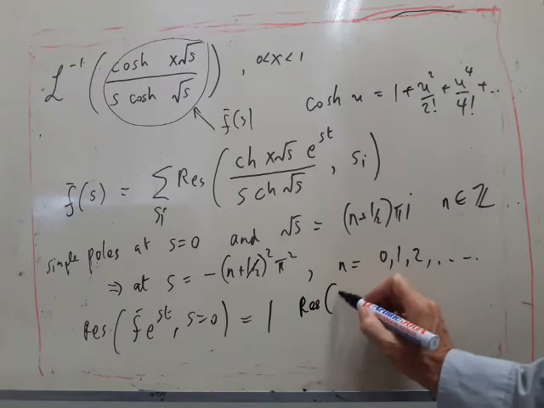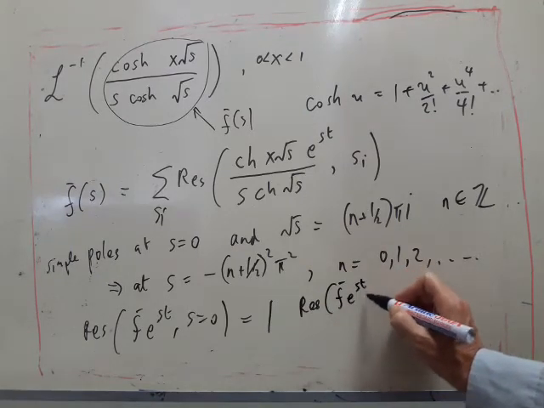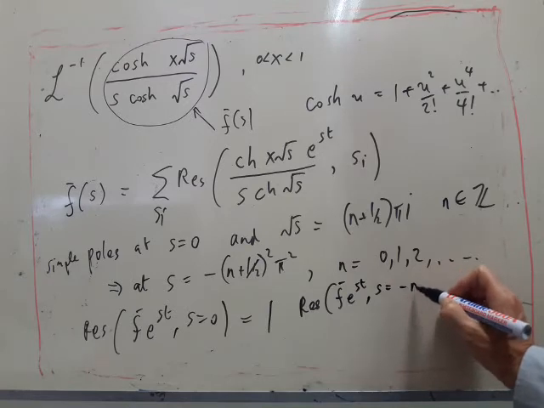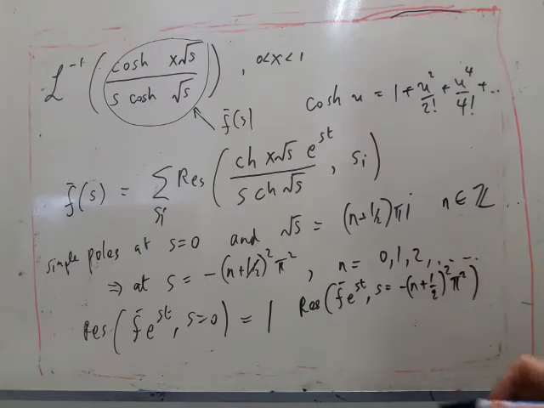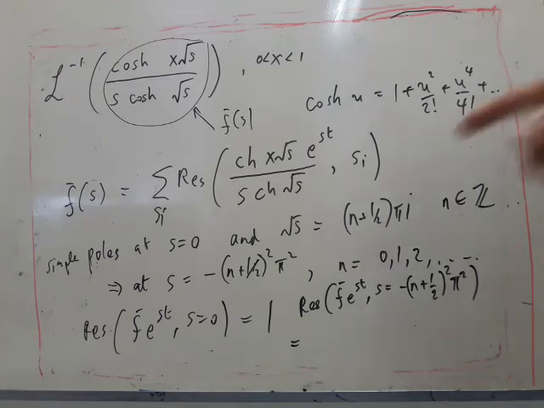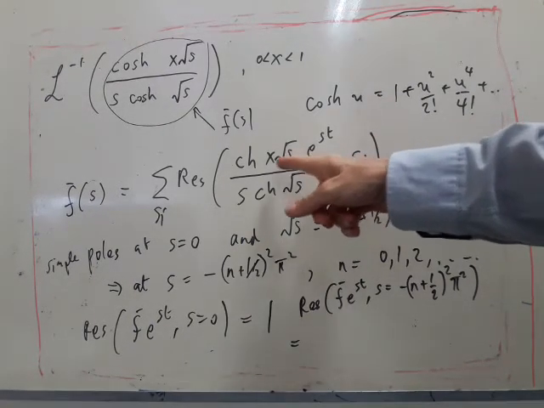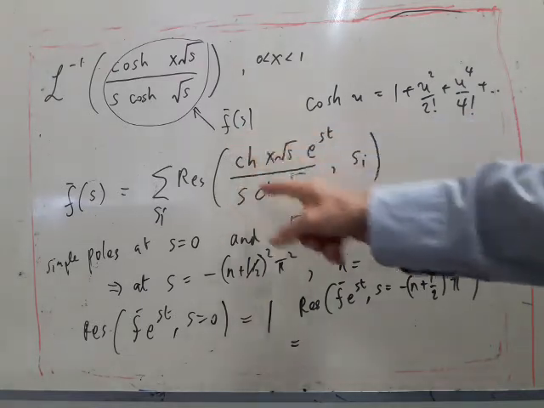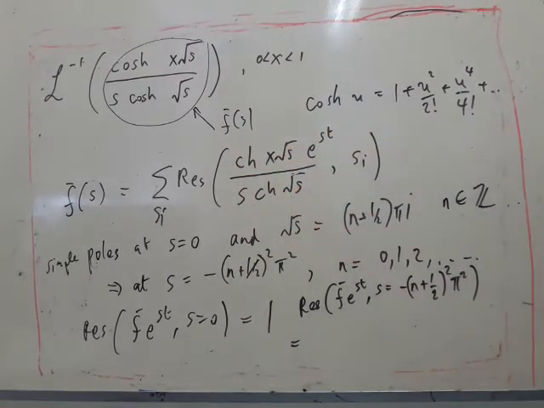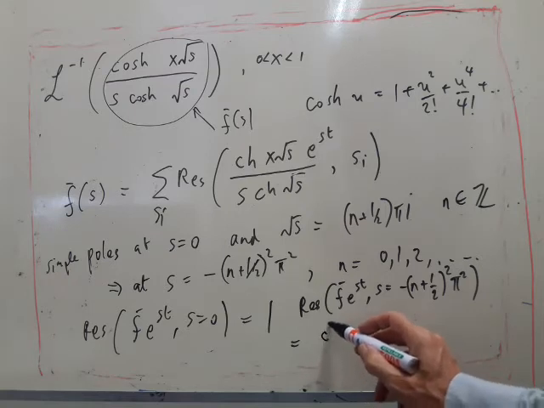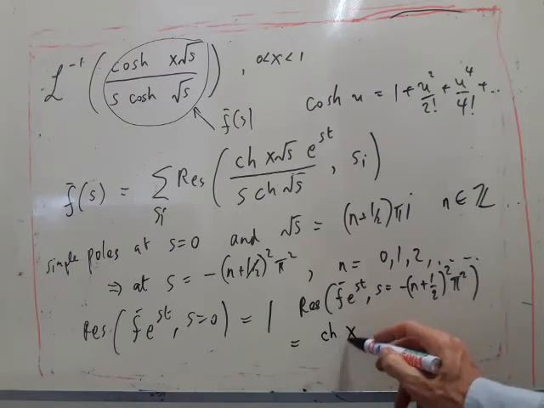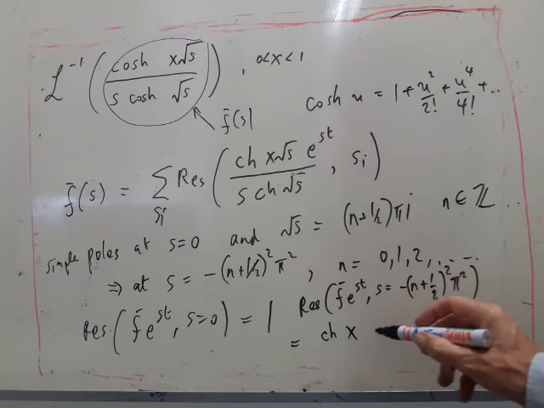Running out of space, so the residue of f bar at s equals minus n plus a half squared pi squared is equal to, so now I use this as my P and this as my Q, so I'll end up with cosh x and then the square root of this.